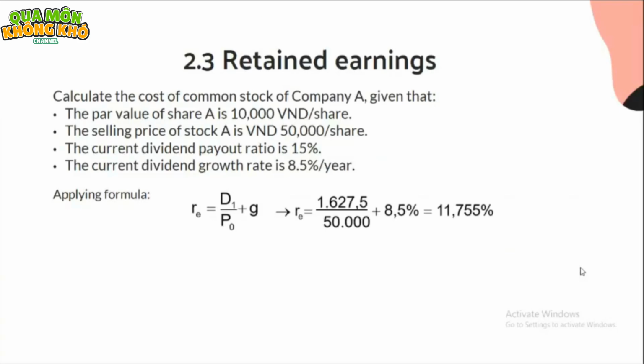The question is that the par value of share is 10,000 Vietnam đồng per share. The share price is 50,000, and the current dividend payout ratio is 15%, and the growth rate is 8.5% a year. So we use the formula RE equal D1 divided by P0 plus g. So we can calculate the RE as you can see on my slide.